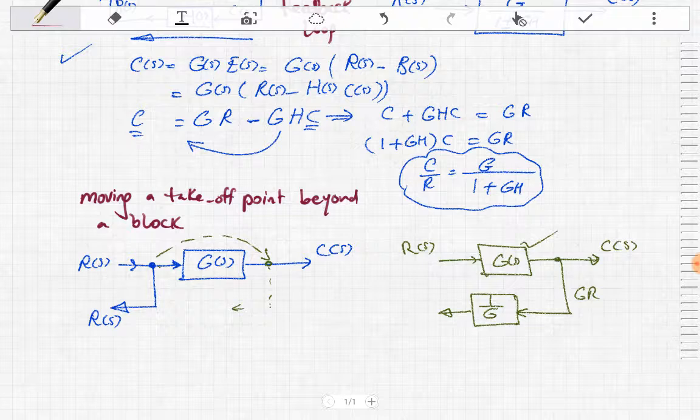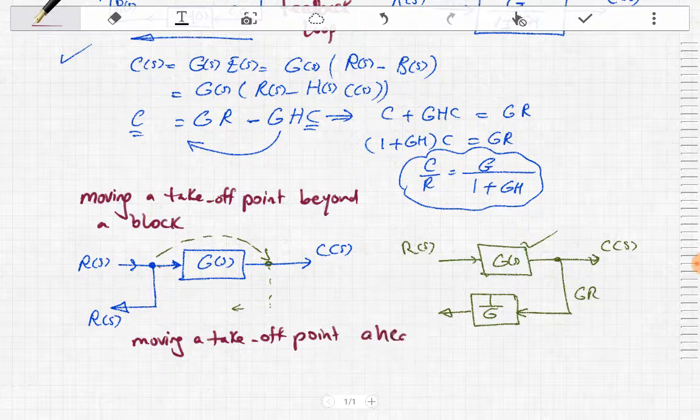What about if you want to move the takeoff point ahead of a block? The opposite. Moving a takeoff point ahead of a block.